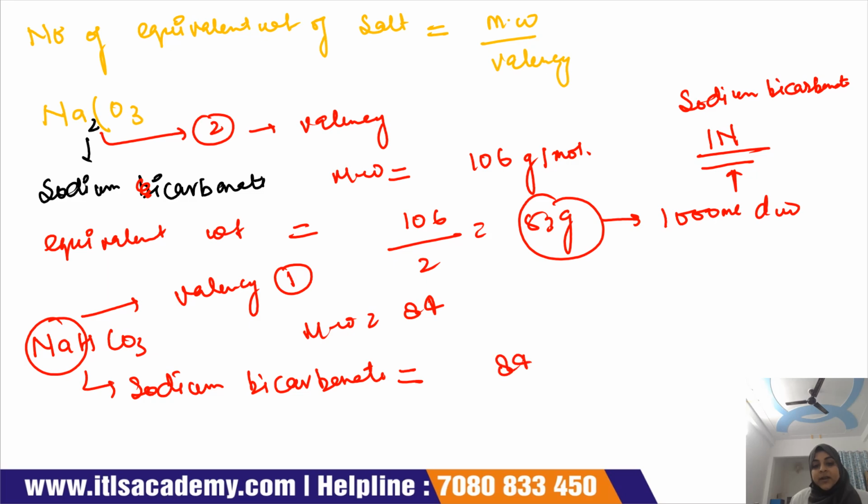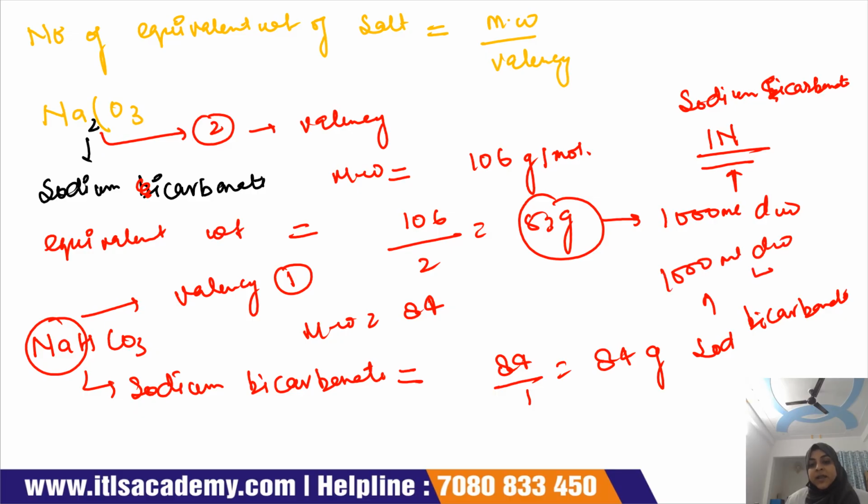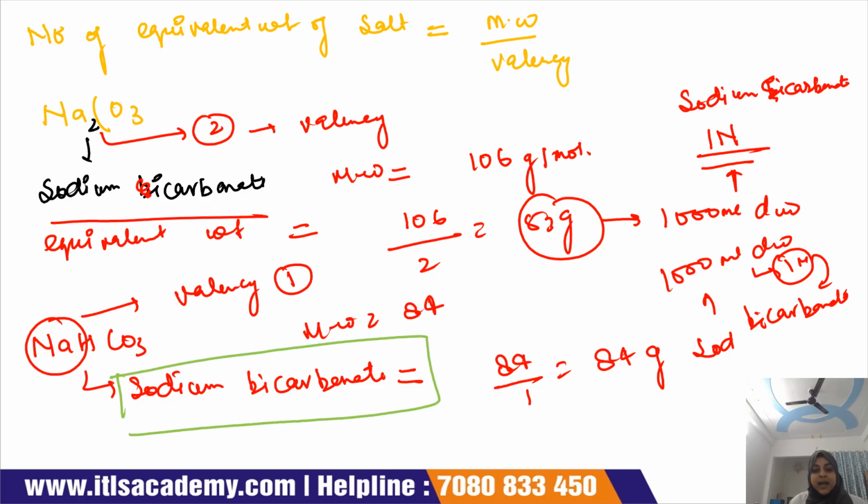Now 84 divided by 1 is 84. If we dissolve 84 gram of sodium bicarbonate into 1000 ml of distilled water, then we get a 1 normal solution of sodium bicarbonate.